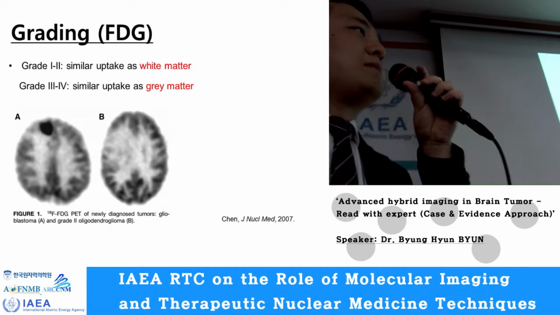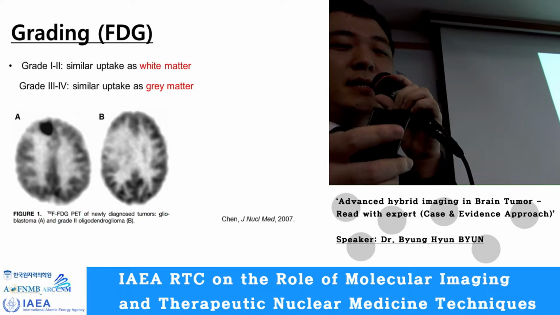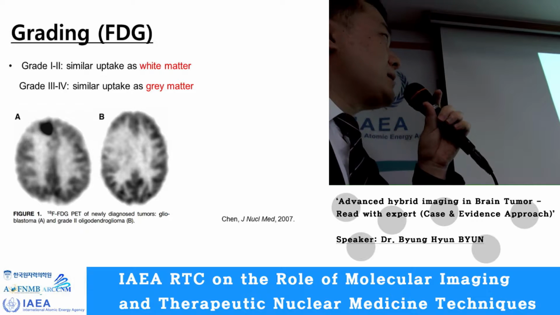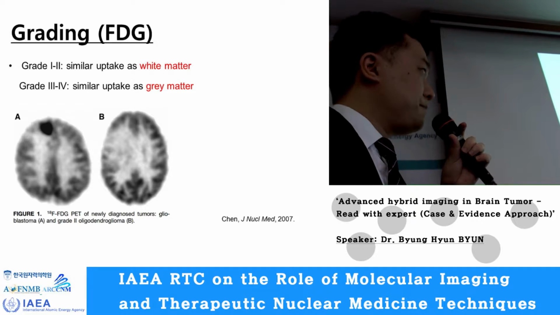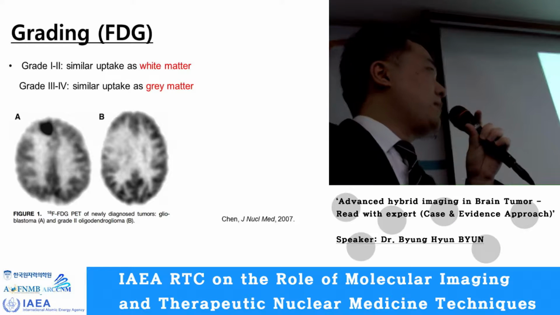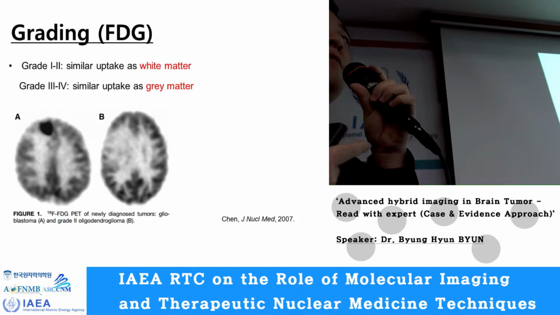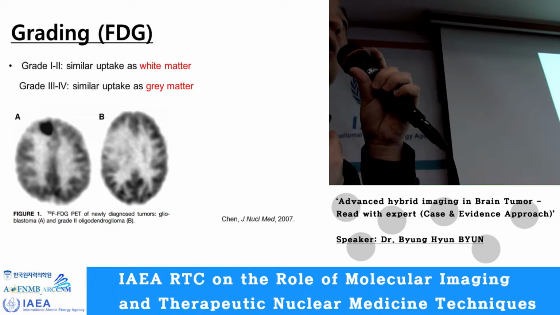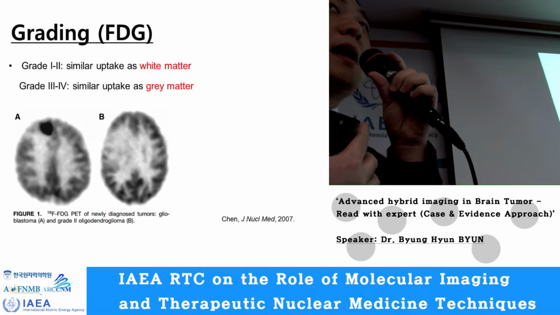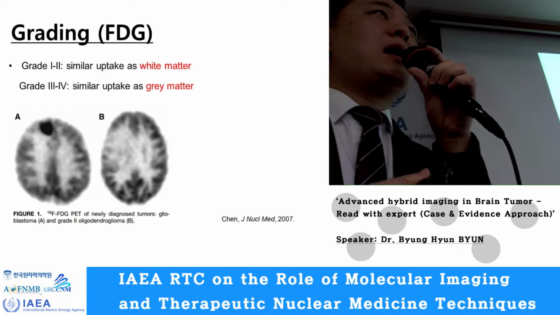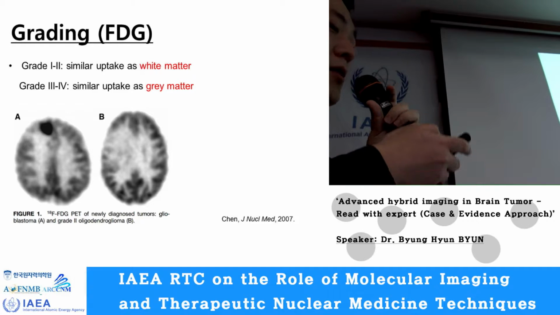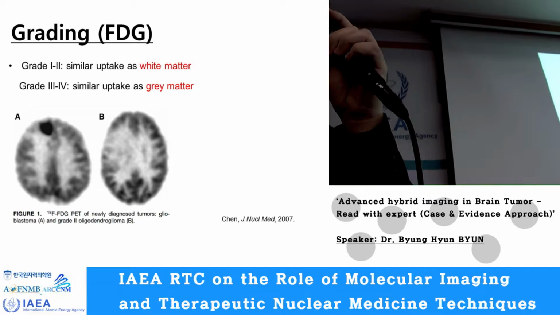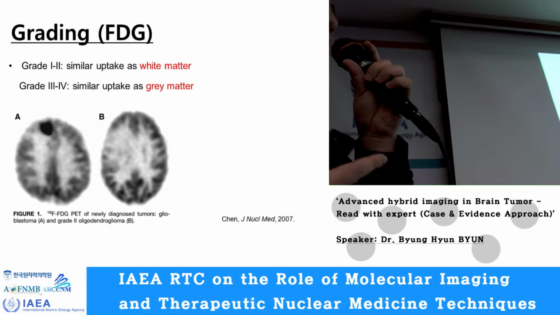Another application of pre-treatment PET in brain tumors is grading tumors before surgery. For example, FDG PET is useful. As I mentioned before, high-grade brain tumors show high FDG uptake because they show high metabolic activity. On the contrary, low-grade brain tumors show low FDG uptake because they show little metabolic activity.